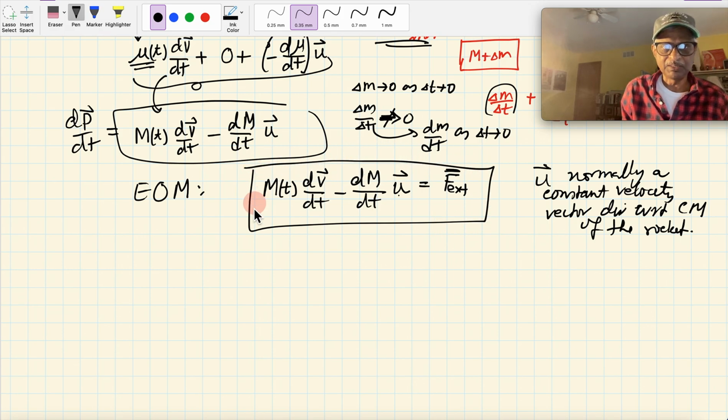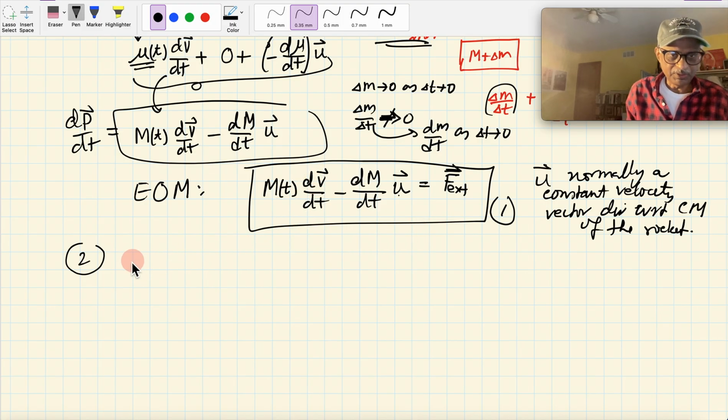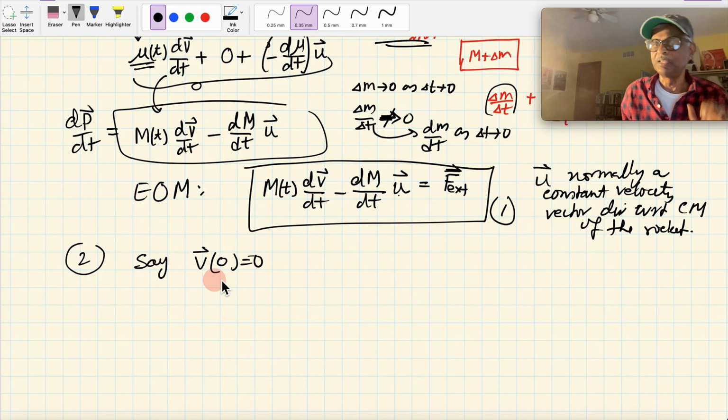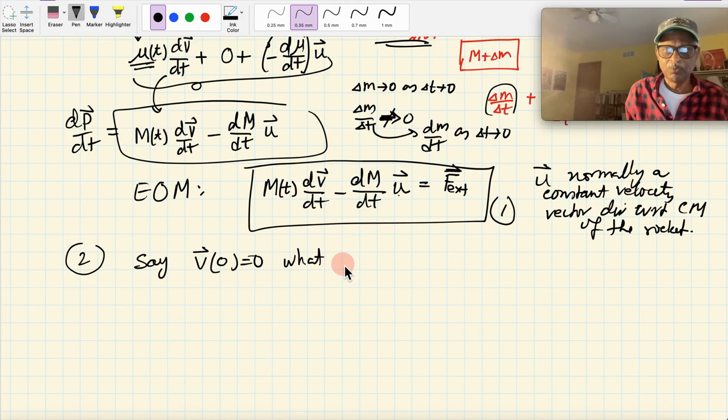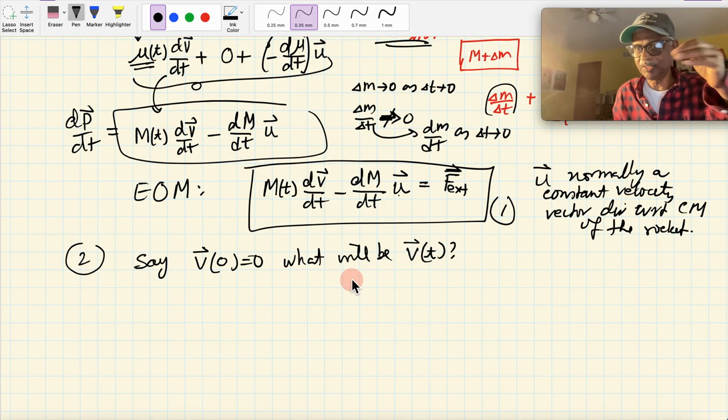Now I need to solve this. So this solves one. For number two, I need to say this is 0. Then starting from v equal to 0, so I'm going to say v at t equal to 0 is 0, just for simplicity. What will be v at t, when all this time you're burning this fuel at a constant rate?